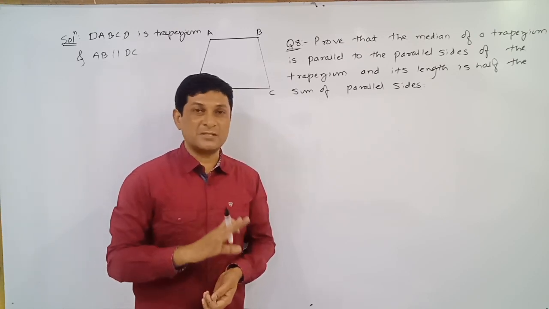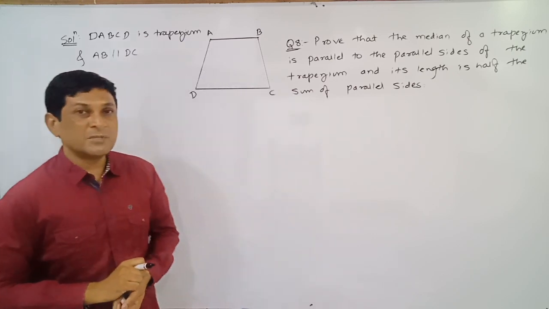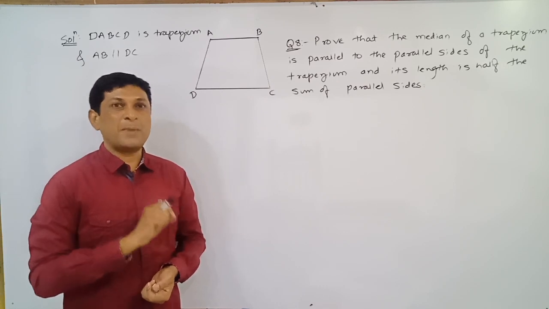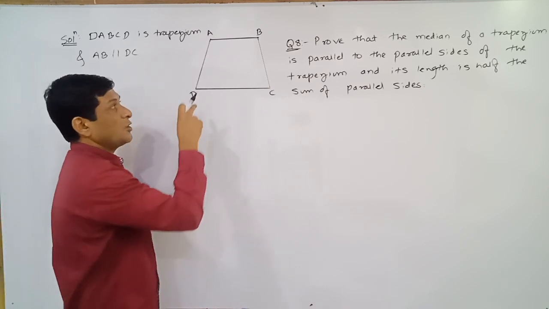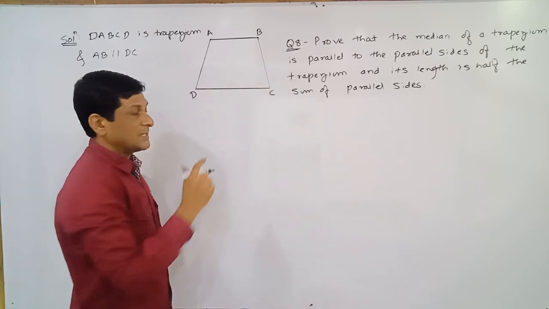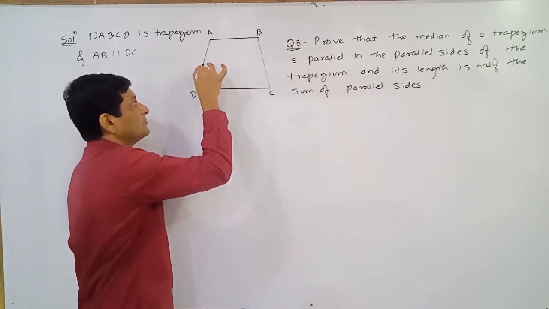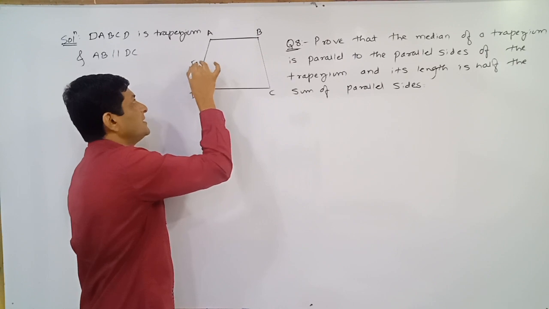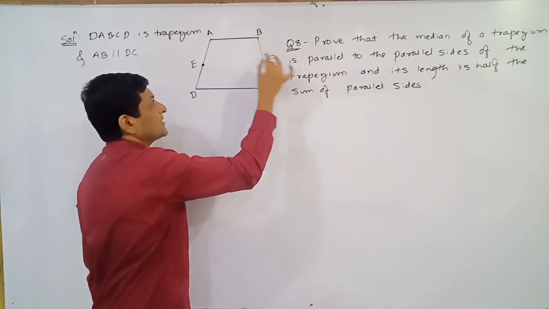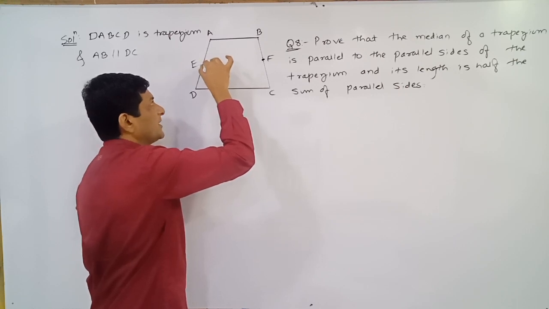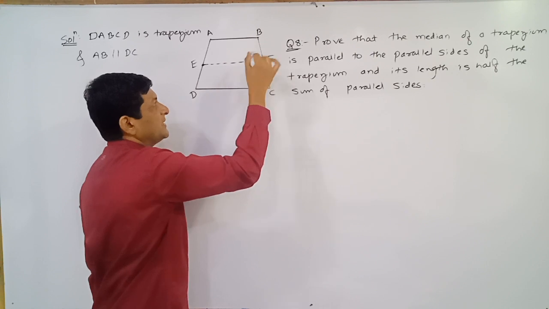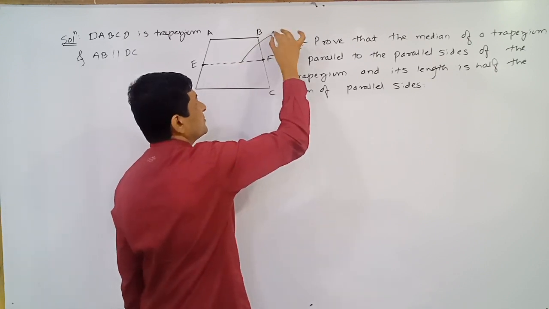The median of a trapezium is a segment which joins the midpoints of the non-parallel sides. Here the non-parallel sides are AD and BC. I am denoting the midpoint of AD by E and the midpoint of BC by F. Then the segment joining these midpoints of the non-parallel sides of the trapezium is called the median. So this is your median.